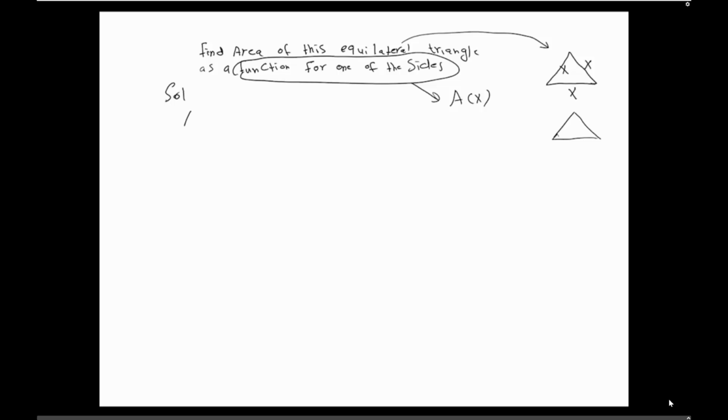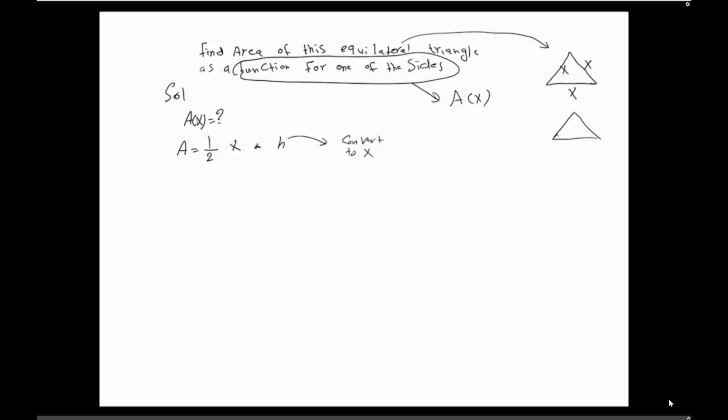So we have A of x is what we're looking for, and in order to get this value, as you guys know, area is equivalent to half of the base multiplied by the height. And if I want to write the function as A of x, I need to convert this to x, so I could write it as a function of x.